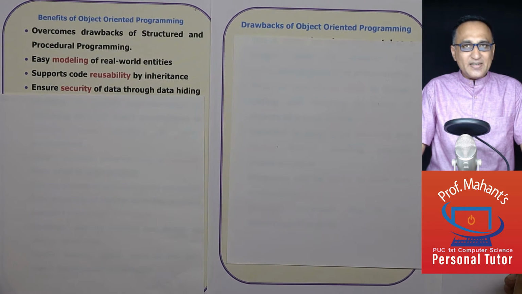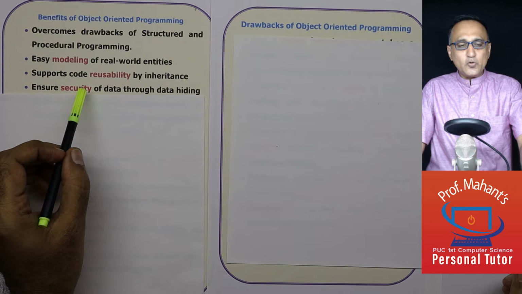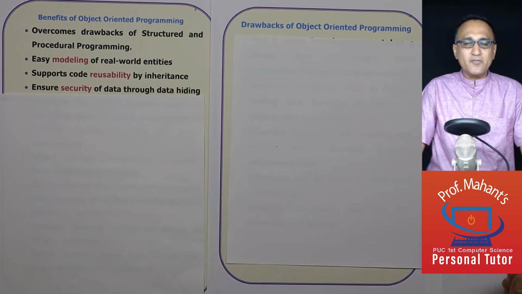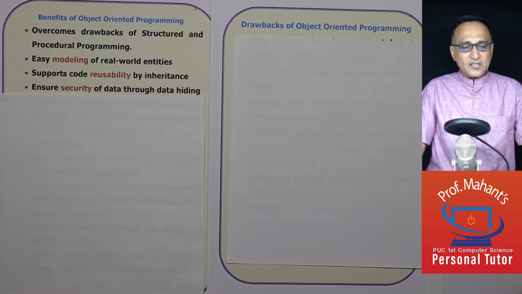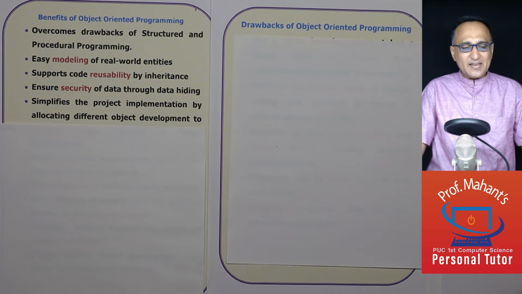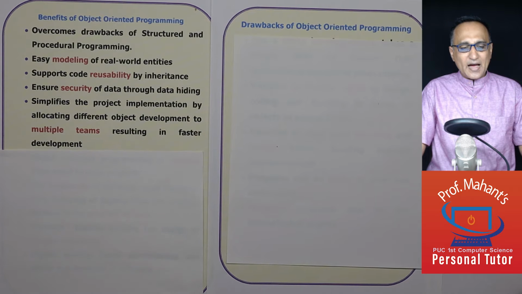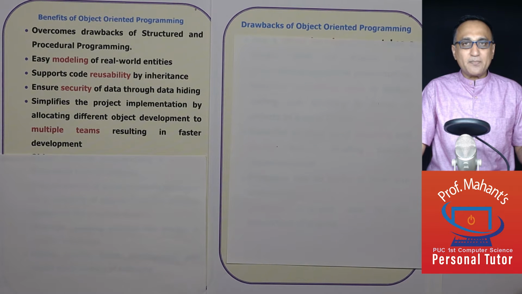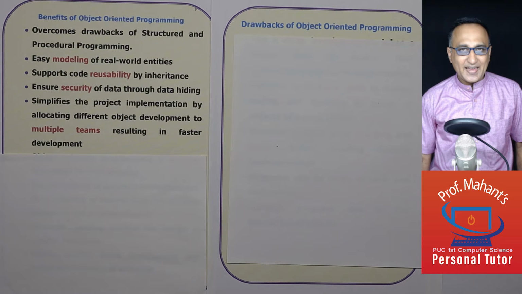By the use of inheritance, I am able to reuse code without having to develop an application from scratch. The features of data hiding ensure that I am able to protect my data from unauthorized access.